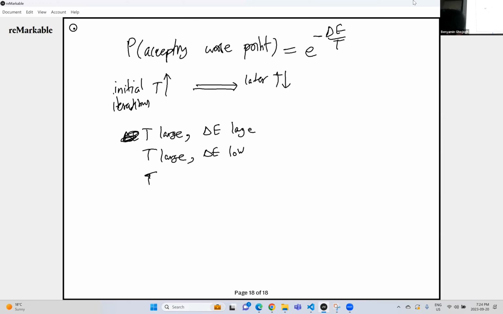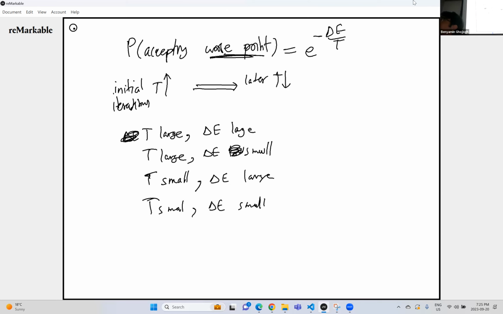By the way, when I say small, I mean still positive. Delta E is assumed positive because it's the worse point. Then T small: delta E large, T small; delta E small. We have these 4 cases, right?